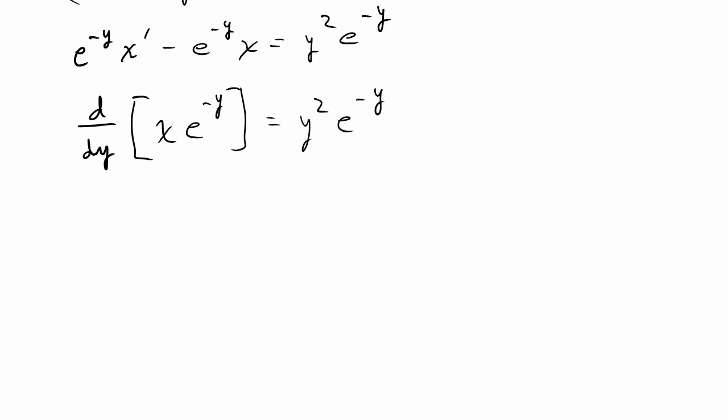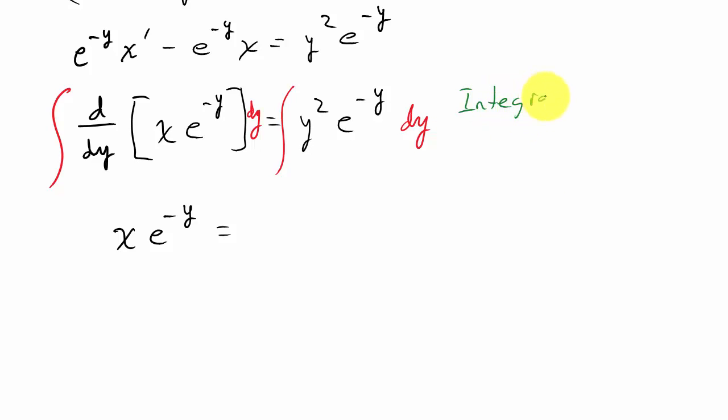And now all we do is we integrate both sides. Now remember, we're integrating with respect to y. Okay, alright, so over here I get x e to the -y equals. Now, for this side, I'm going to have to use integration by parts.